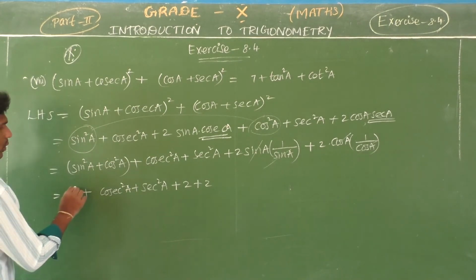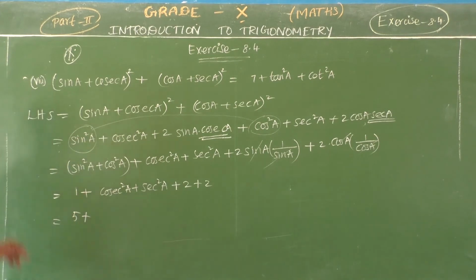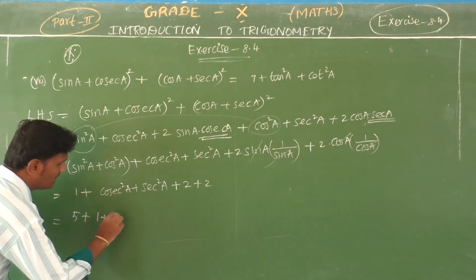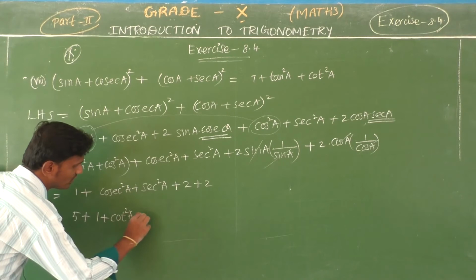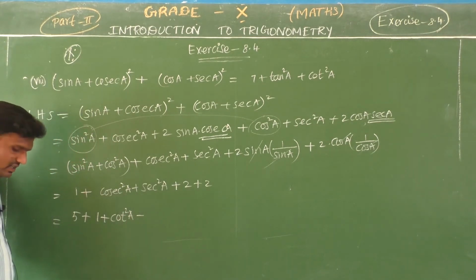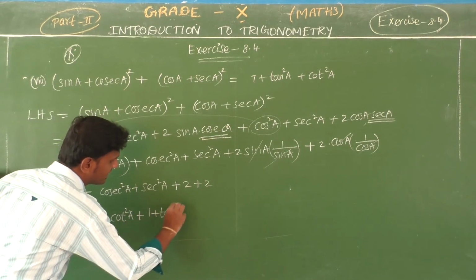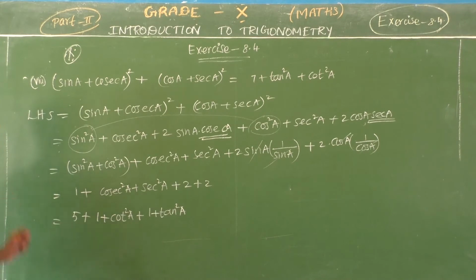So now 1 plus 2 plus 2 is 5. Then for cosecant square A you have a second identity: cosecant square A equals 1 plus cot square A, and secant square A is a third identity, that is 1 plus tan square A.